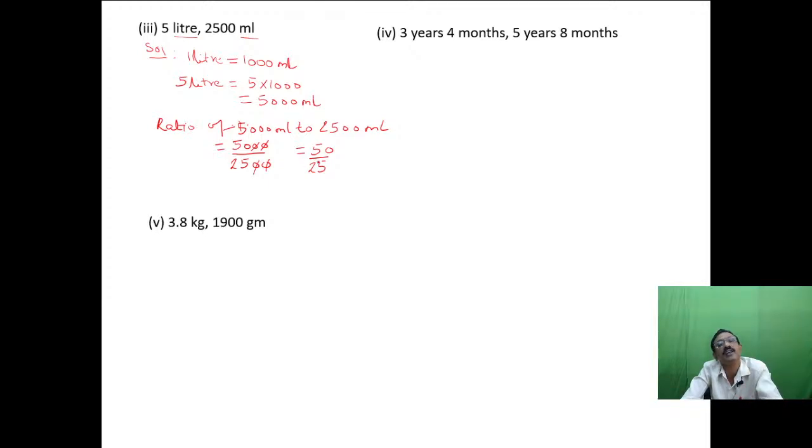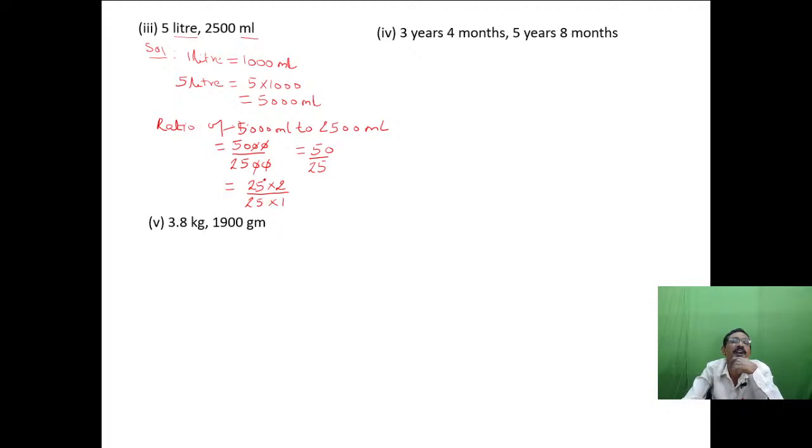Why take the 5 times table? 5 5s are 25, 5 10s are 50, and again reduce that. So directly, can we take this 25 times table and reduce it? Yeah, we can reduce it. 25 into 2 gives me 50, and 25 into 1 gives me 25.